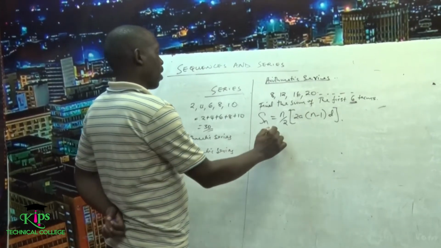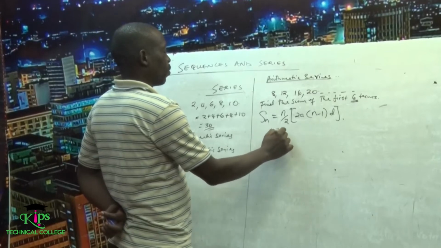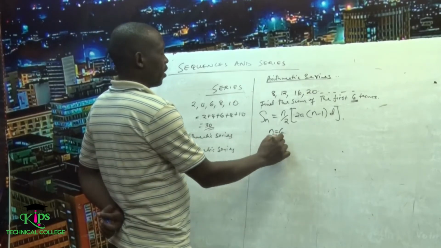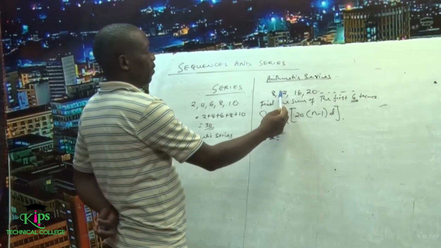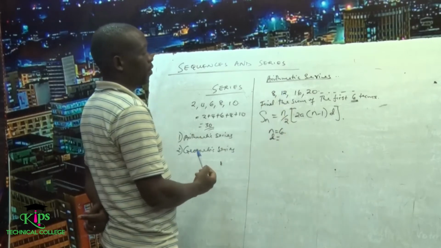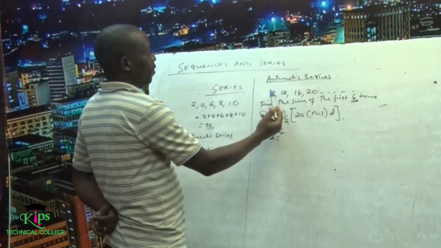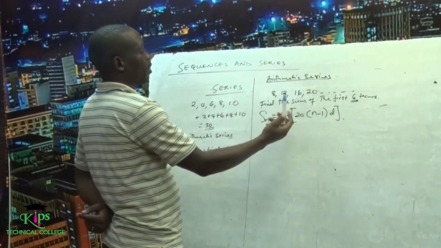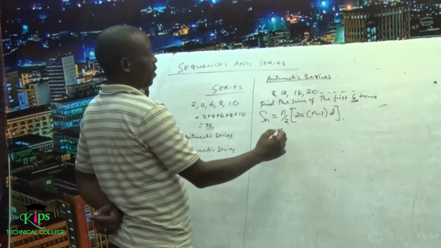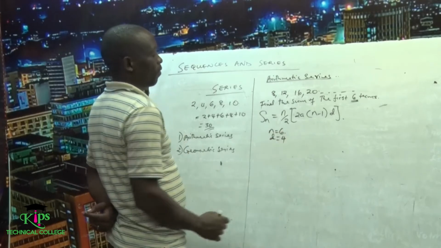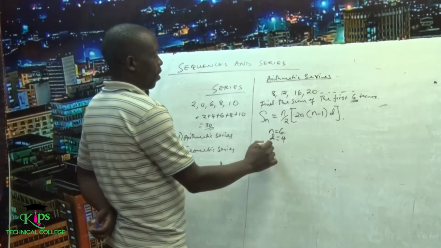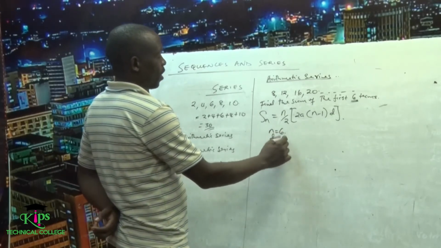In this case, our n is equal to 6. Our d, the common difference, is the term minus what you have immediately behind: 12 minus 8, which is the same as 16 minus 12, which is the same as 20 minus 16. All of that gives us 4. Our a is the first term, which is 8.